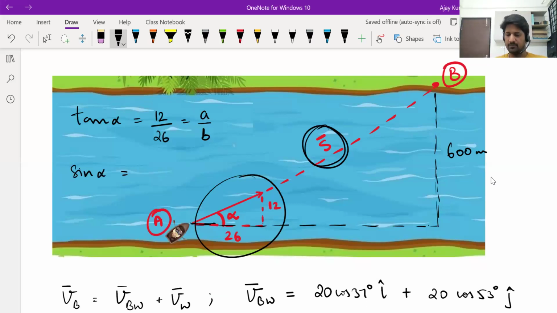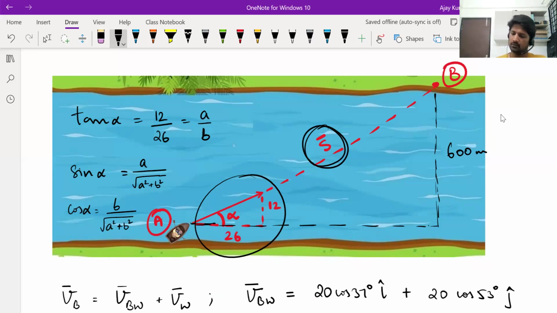If tan alpha is A by B, how much is sin alpha? A by root A square plus B square. Correct. And you can even derive cos alpha. Cos alpha will be B by root A square plus B square. So if tan is known, sin and cos are known.